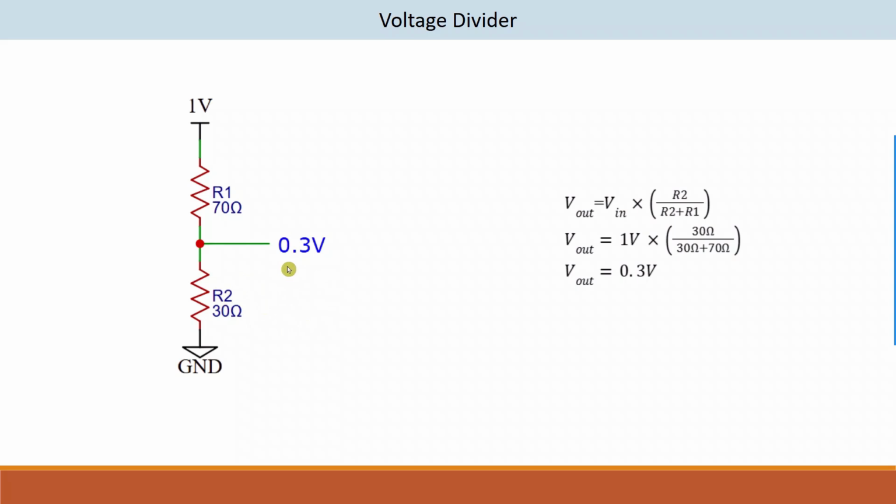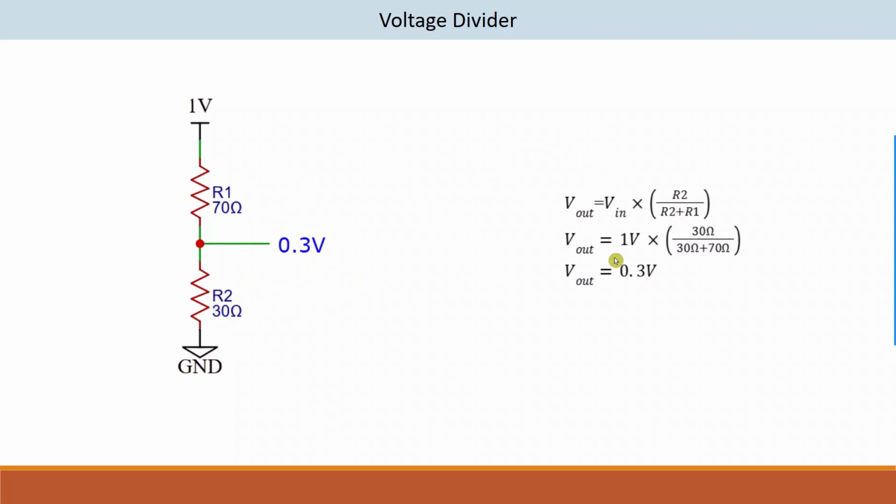So now we will calculate what the output voltage will be. This is the formula: V out equals V in times R2 divided by R2 plus R1. We are using this formula because R1 and R2 are not equal.